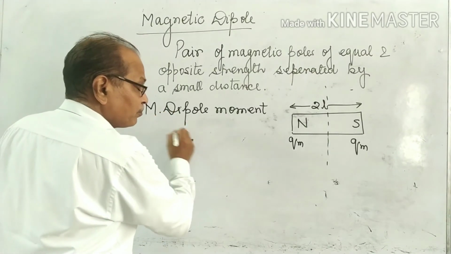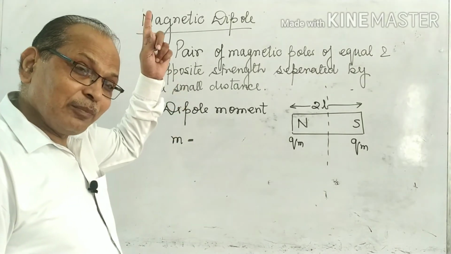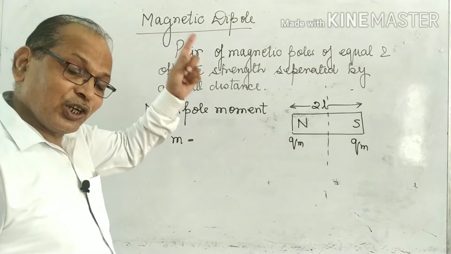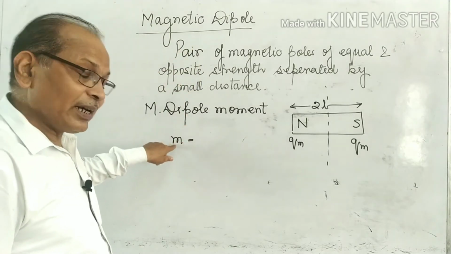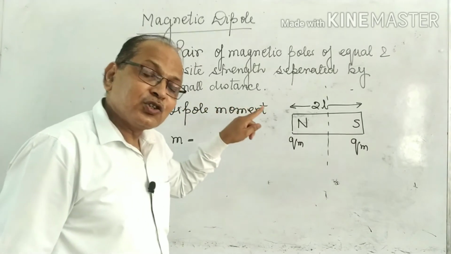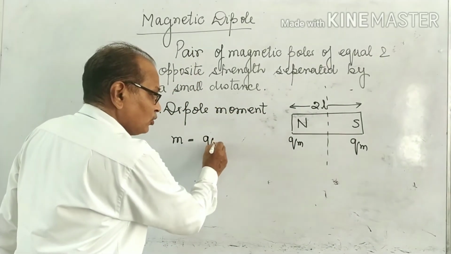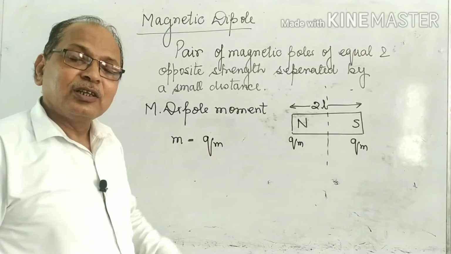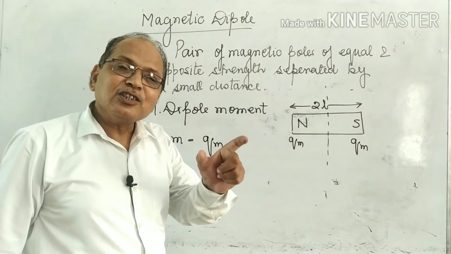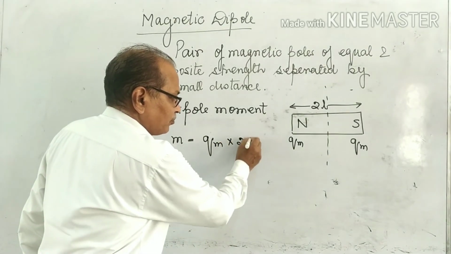This is the product of, in the electric dipole, it was the electric charge. Here in the magnetic dipole, it is the product of the strength of the pole, here Qm, and the distance between the two poles, 2L.